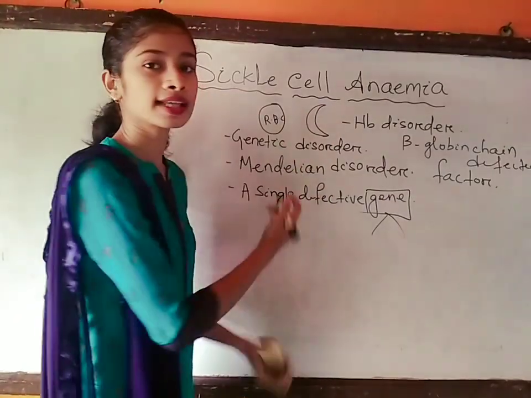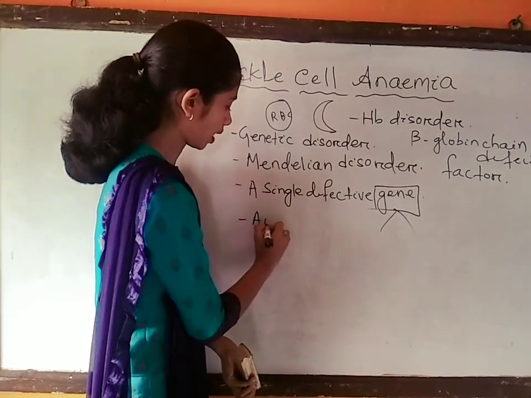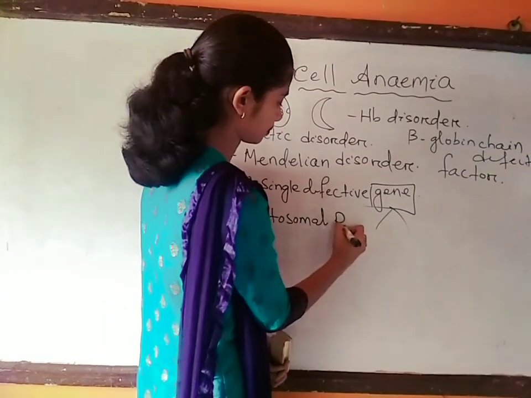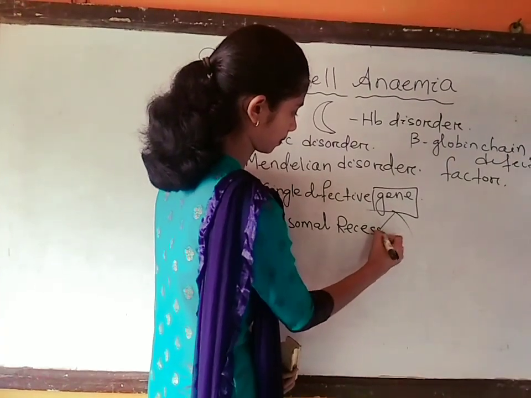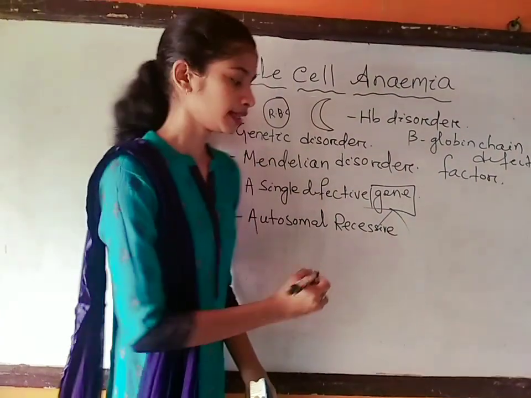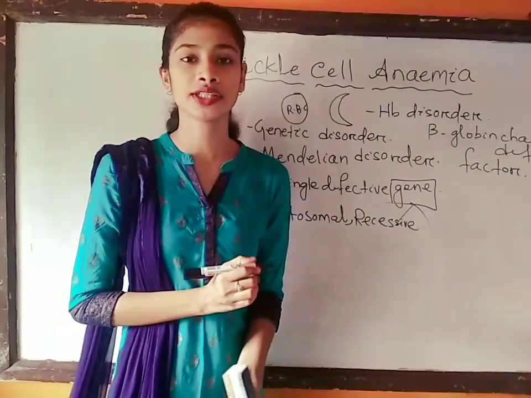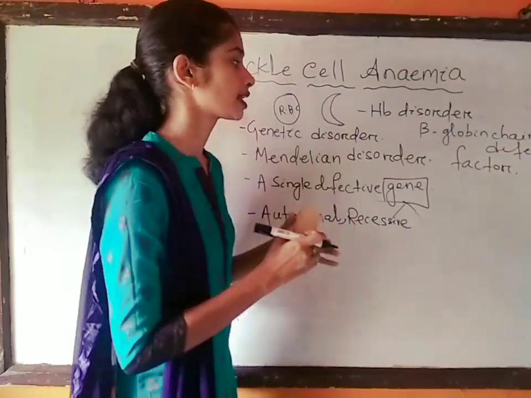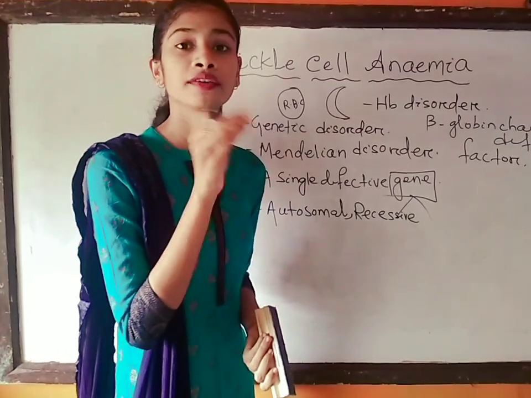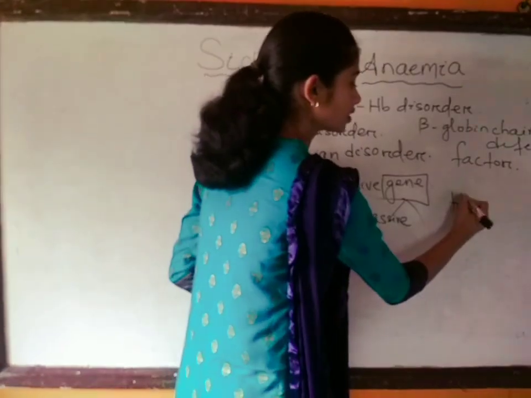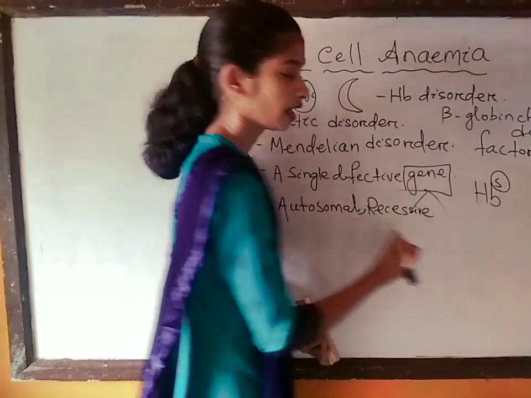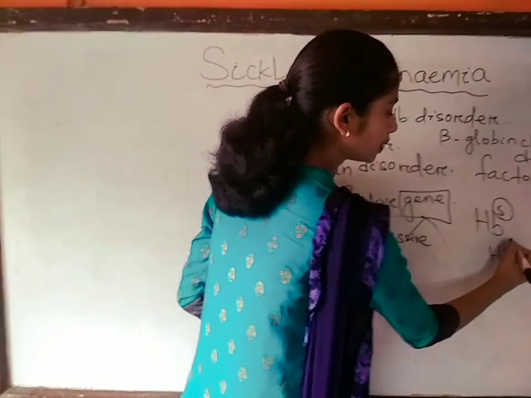This sickle cell anemia is an autosomal recessive disorder. Why is this autosomal and recessive? In sickle cell anemia, the defective allele is named HBS, S because of sickle cell. The normal allele is HBA.